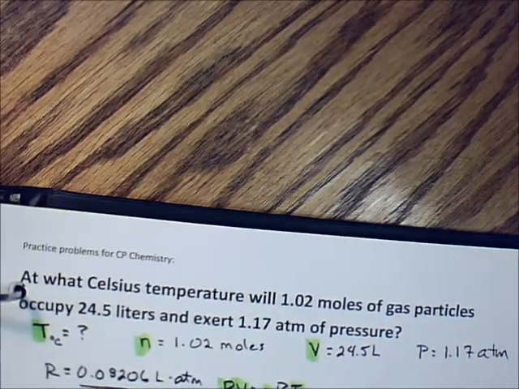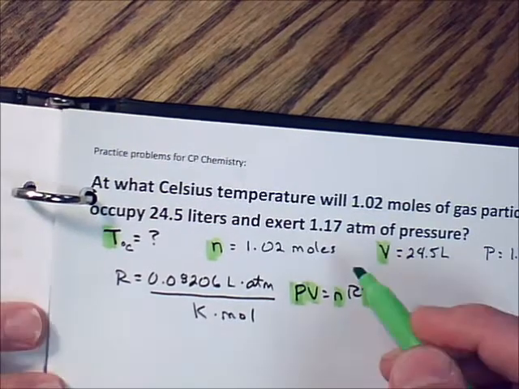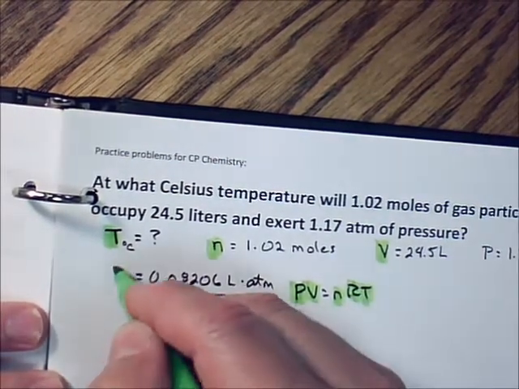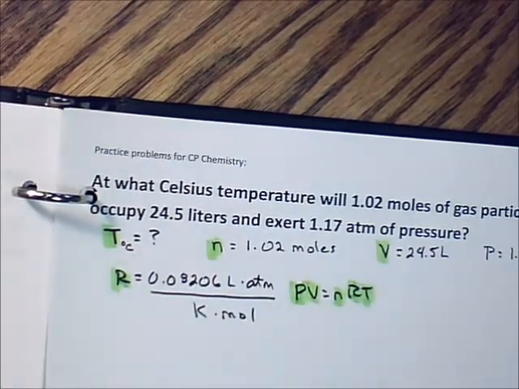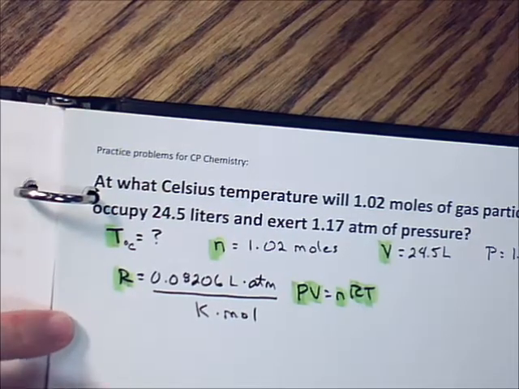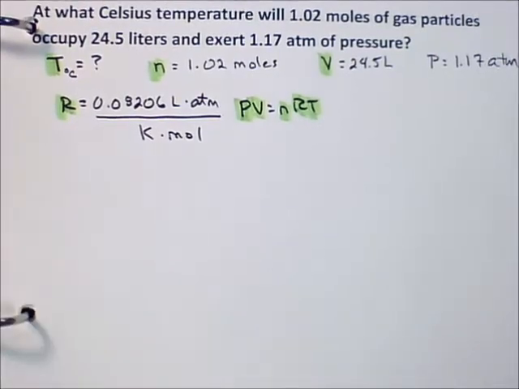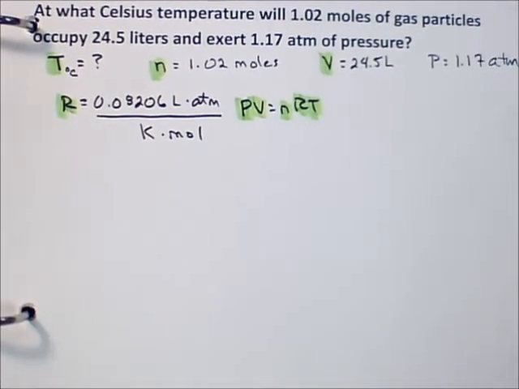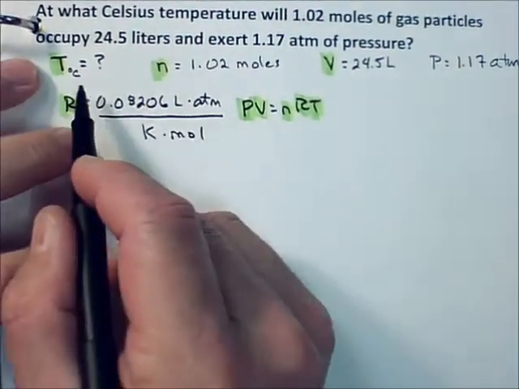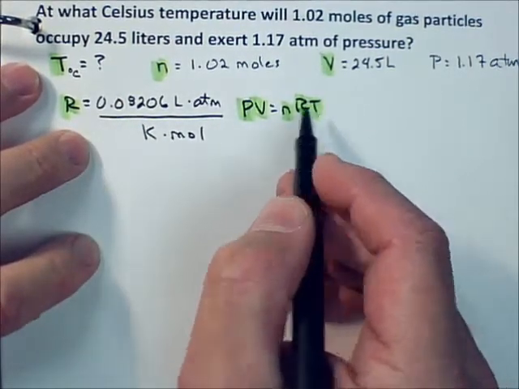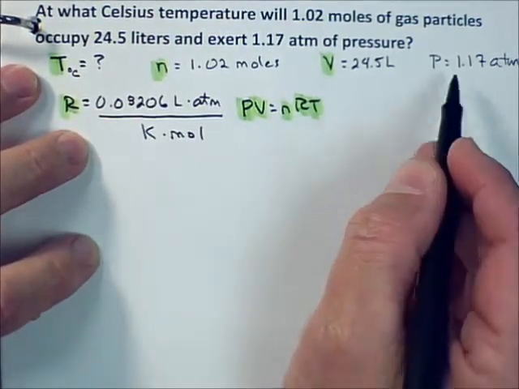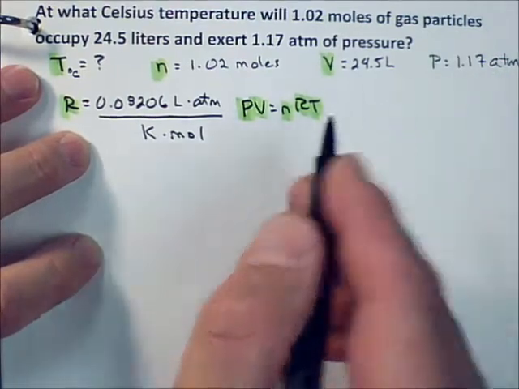Now we have all the values we need. Now that we have R, we've got everything we need to find temperature. So let's plug in. We found our equation. We're ready to plug in the values that we have. So temperature we don't know. We're going to leave it alone. We do have P, 1.17 atmospheres.